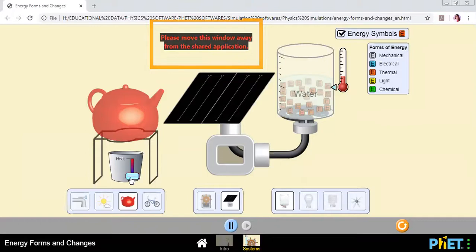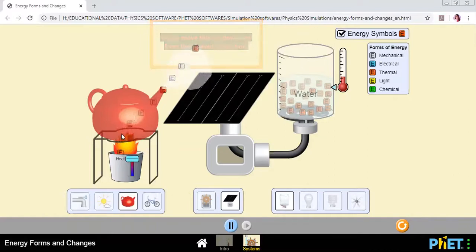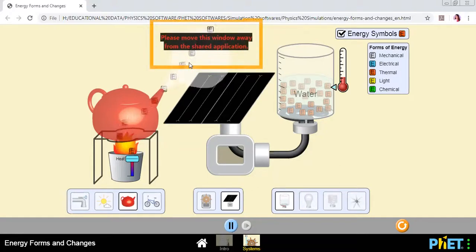We heat the water, and as the water in the boiler starts boiling, it comes out in the form of steam, which is nothing but mechanical energy.